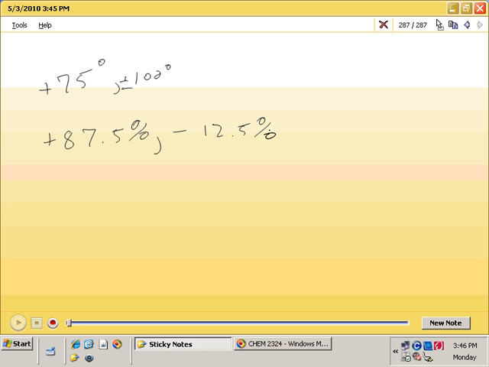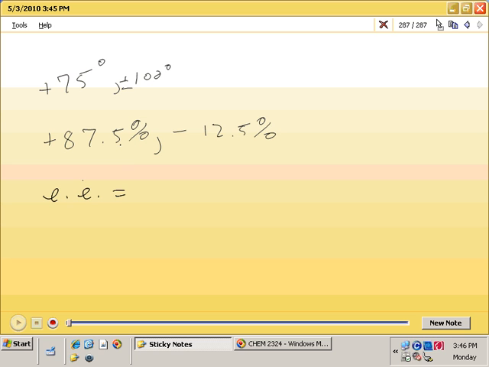Now let's see if this is true. Let's go ahead and put this back into the enantiomeric excess formula.